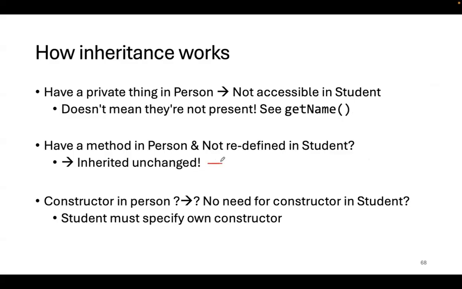We saw before we defined toString that if you have a method in person and you didn't define it in student or employee, it gets inherited unchanged. If we have a constructor in person, does that mean that we don't need a constructor in student? No, we have to have a constructor in student.